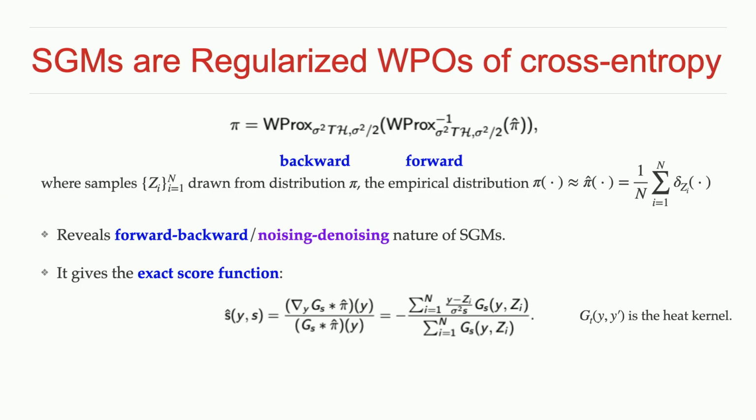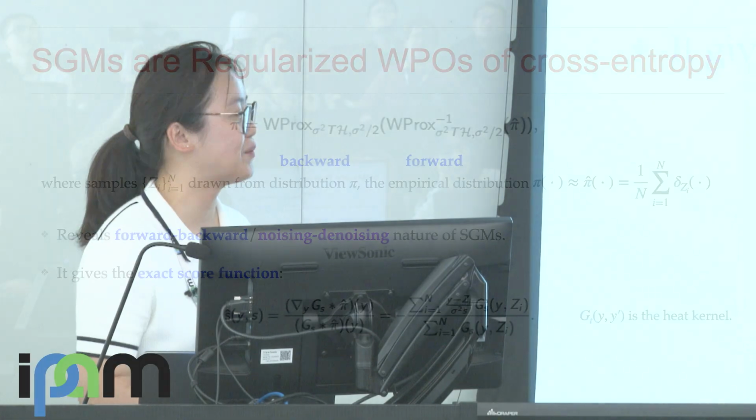Yeah. And I still remember by that time we thought, okay, since we get the closed-form formula, we are done and we no longer need to train for a score, and we can just plug into the formula and run the backwards, the reverse process.